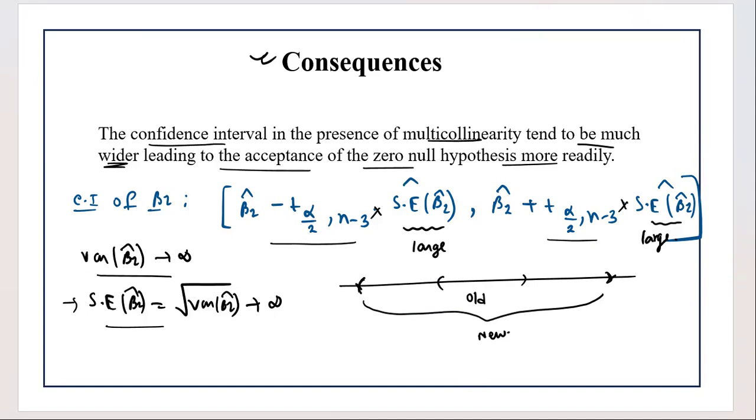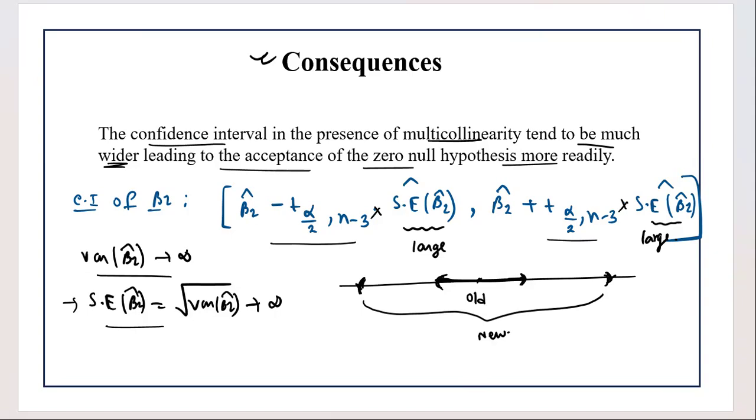Suppose this is the old confidence interval. It's a much smaller confidence interval, so the possibility of accepting the zero null hypothesis is lesser. But now, since this is a wider confidence interval, the possibility of accepting the zero null hypothesis will readily increase.